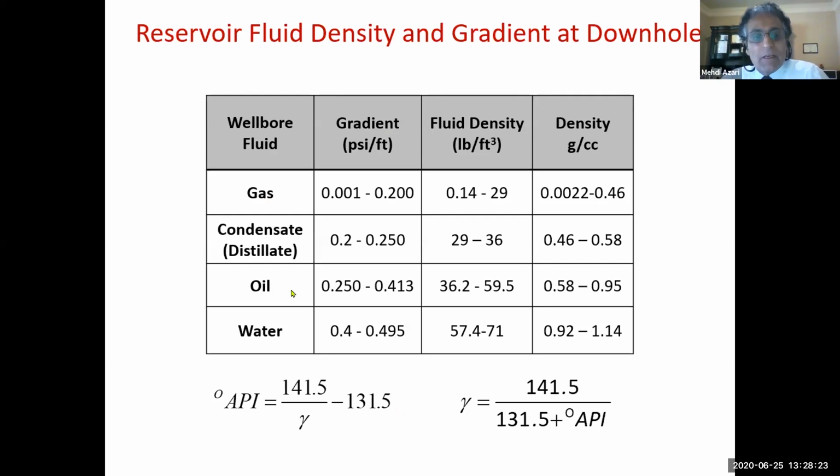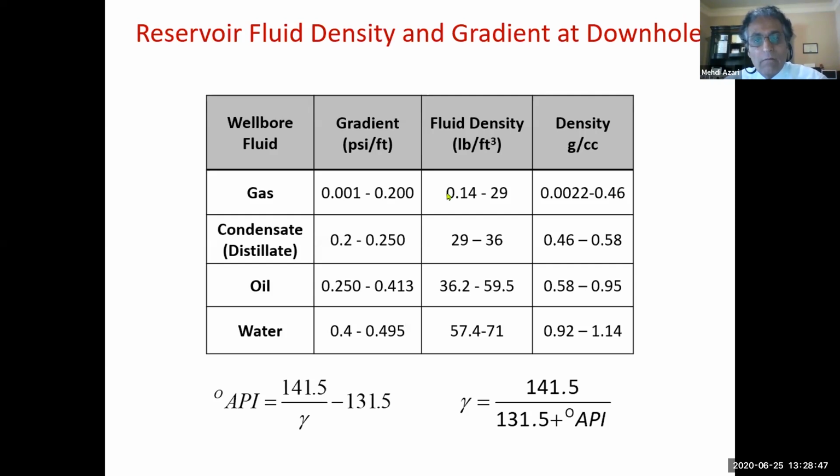This is another specification here in terms of the density. Once the gas is inside the wellbore, you get the gradient. Remember before I was talking about as you're coming up, you take a pressure here, pressure there, you plot it, and then you can get the gradient. So now you could have a gradient of 0.001 to 0.2 psi per foot, that's gas.